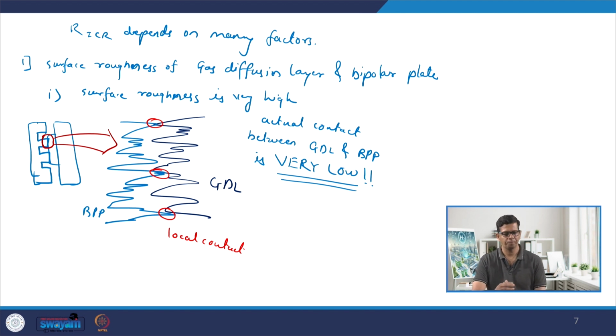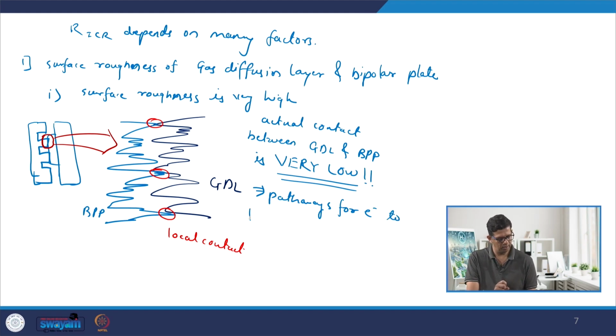In other words, the pathways for electron transfer from GDL to the bipolar plate are very limited. And as we understand, if the pathways for the electrons are very limited, this leads to resistance.